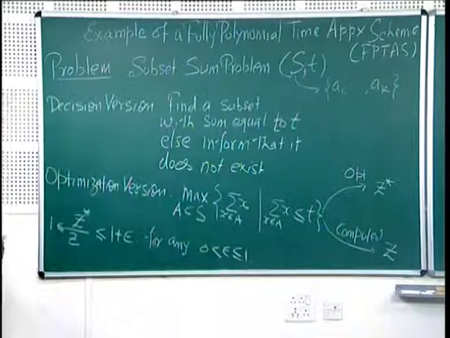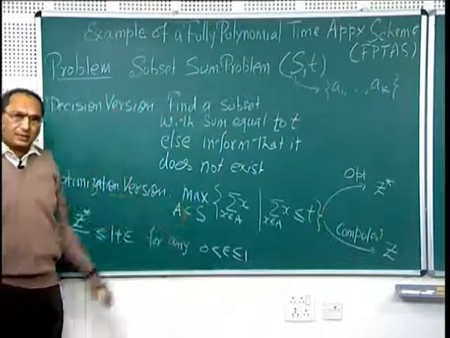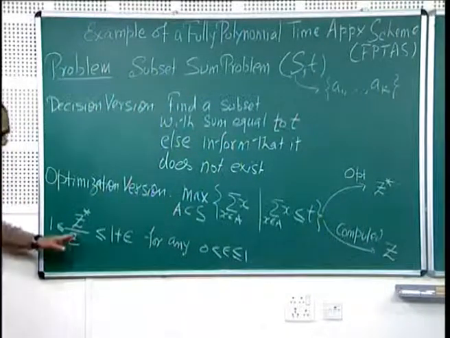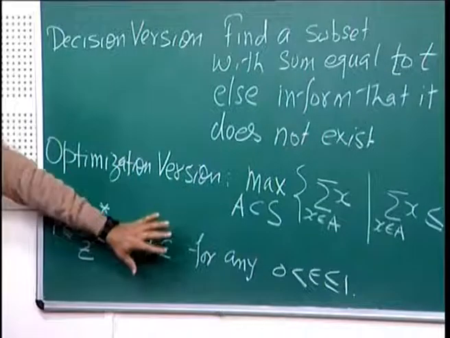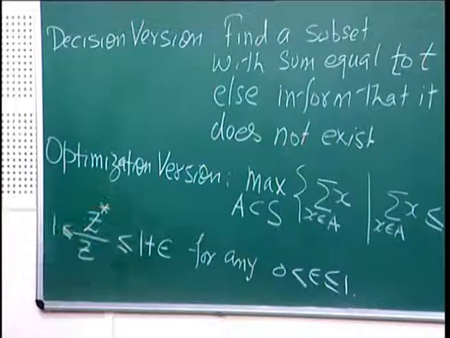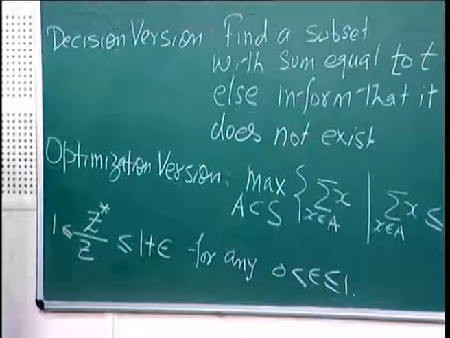This is our goal, and that is why we call it a scheme: we can compute the result arbitrarily close to the optimum.